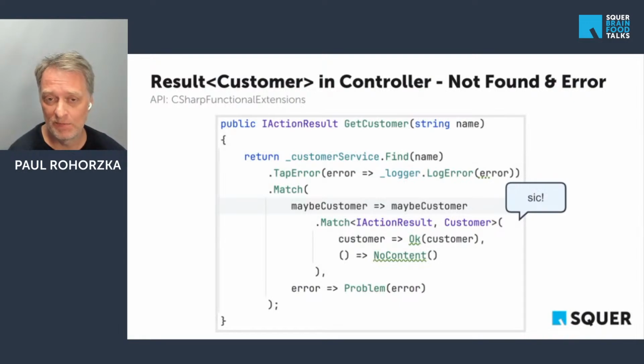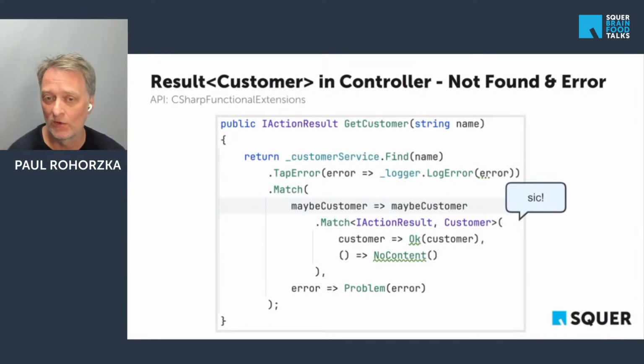Another idea would now be to get back to these fluent extension methods and use them. And here you see the same behavior, besides one logging that we were stitching here, but basically the same behavior from the outside of the user of this action. And we see way less code. So we see a tap error that is used to log the error message, and afterwards we are still on the outer technical side of the result.